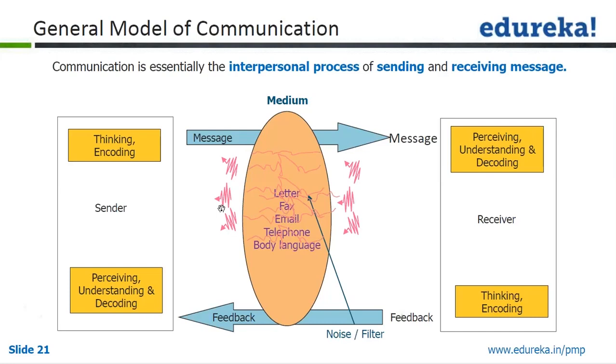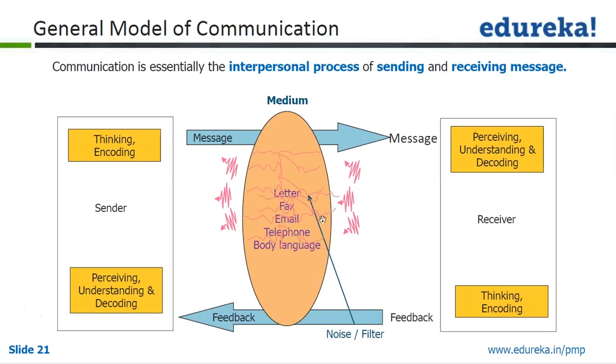This completes the communication. So feedback is a very important part of communication, and essentially it is the responsibility of the sender. I mean, the receiver has to participate, but as a sender, you need to make sure that the things are understood.